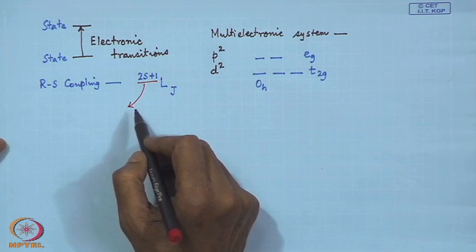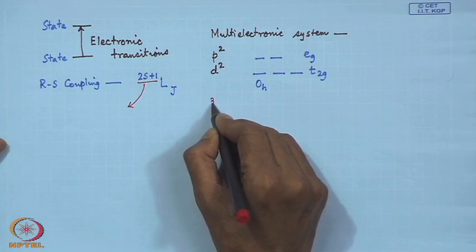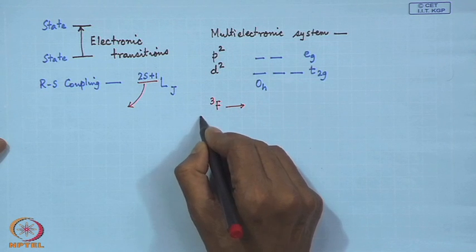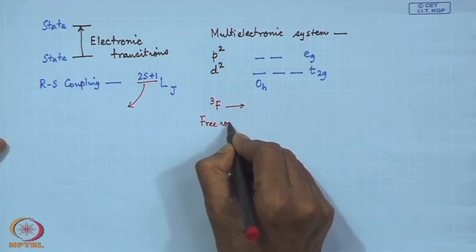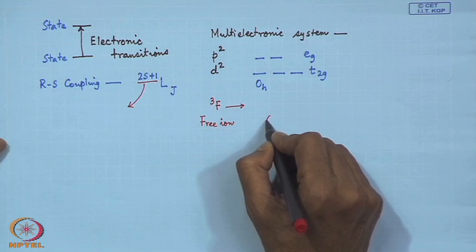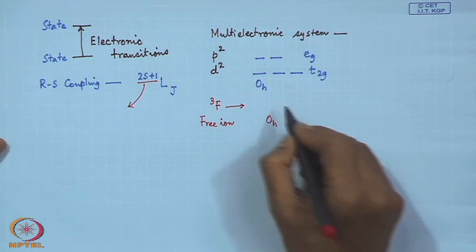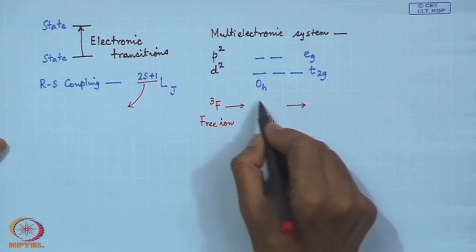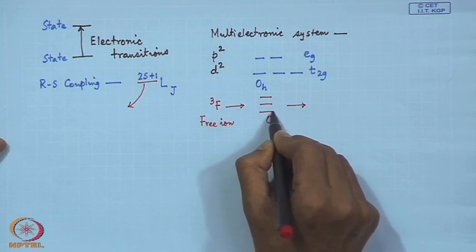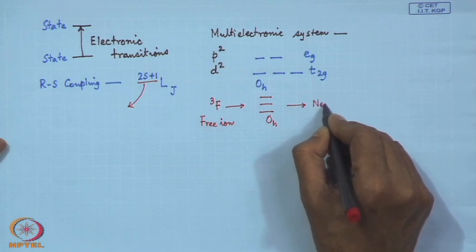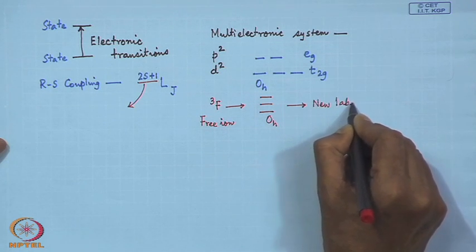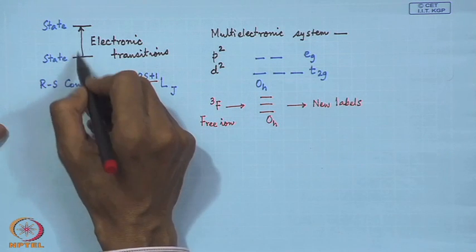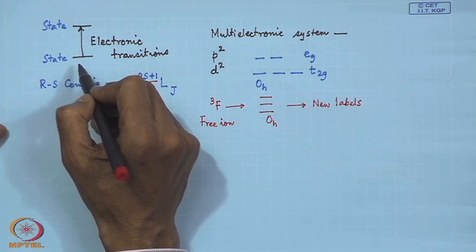So, suppose one particular state is defined as 3F and this is the free ion electronic state, then we put that in an octahedral field, and this can undergo certain splitting and we will have new levels for those states, and between those states we will be seeing the corresponding electronic transitions.